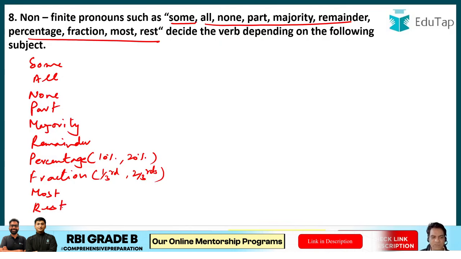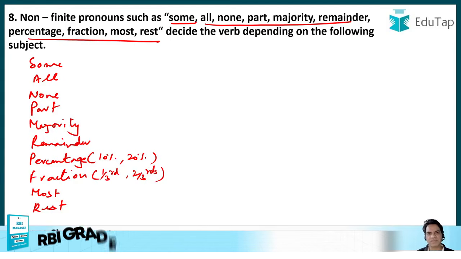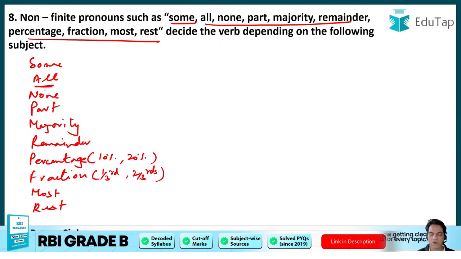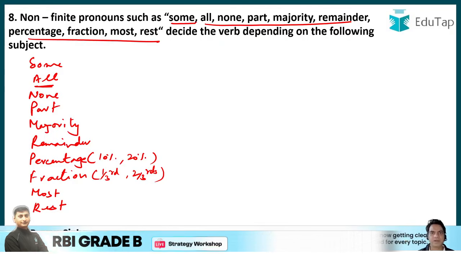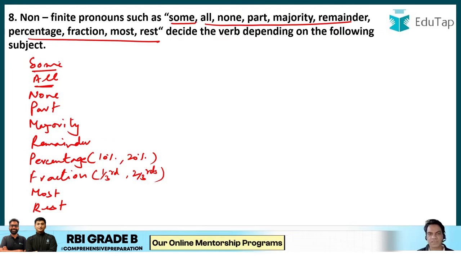Now, if these words are used at the beginning of a sentence, please remember, guys, you have to be very careful. For example, have you seen the movie Three Idiots? Have you heard of the song All Is Well? Now, what do we understand by the word all? All says everyone, right? So we assume that all will always be plural, right? But no. See, guys, we feel that some should be plural, right?